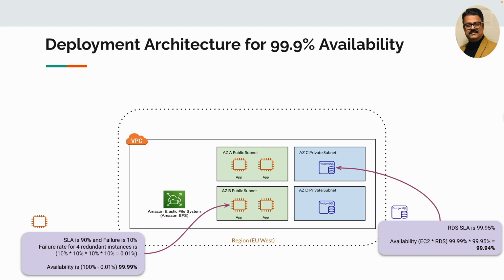Whenever a new EC2 instance starts up, it will have access to the same EFS to read and start the app. Again, to derive the availability after adding EFS, we will use the cloud provider SLA for EFS, which is 99.99%, and then multiply it with the EC2 instance and RDS availability. And the new availability will be 99.93%.